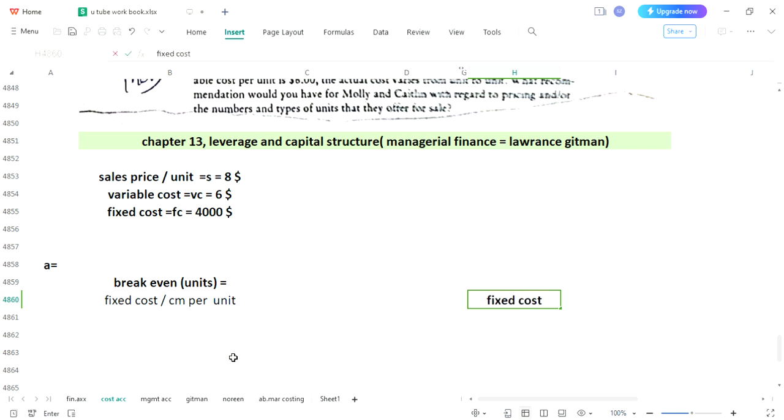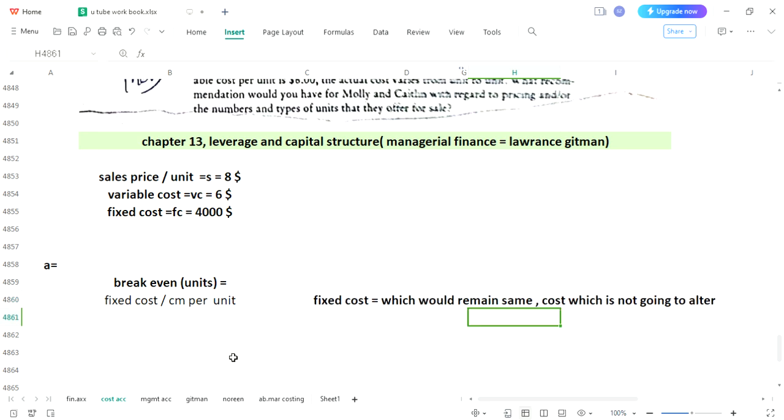Fixed cost is a cost which would remain the same, a cost which is not going to alter. This is your fixed cost.